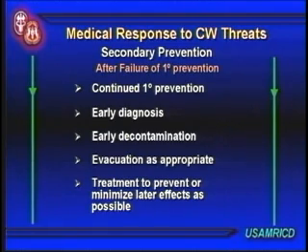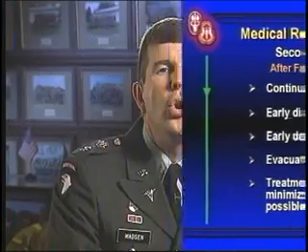With chemical warfare agents, in addition to early diagnosis, prompt decontamination can be life-saving. Early evacuation to a medical treatment facility capable of administering appropriate medical treatment would also be a secondary preventive measure if executed during the time between exposure and the development of clinical signs or symptoms.